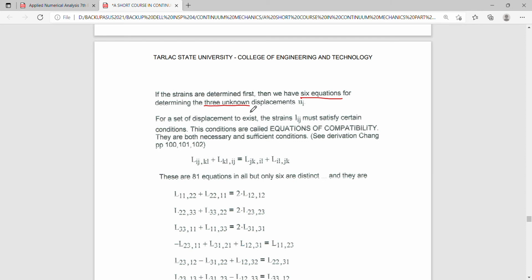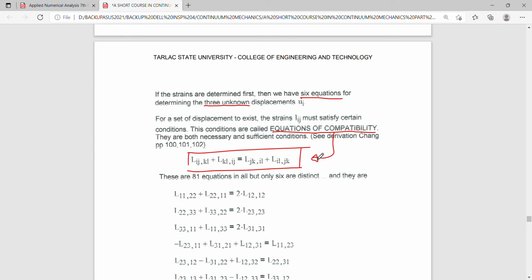So the equations of compatibility were derived in many books. Of course, one of them is from Chang. So I got this from Chang, so I have not placed the derivation here. It's just all about the use of some mathematical preliminaries, no? And it will arrive at this equation here, which is simply called the equations of compatibility.